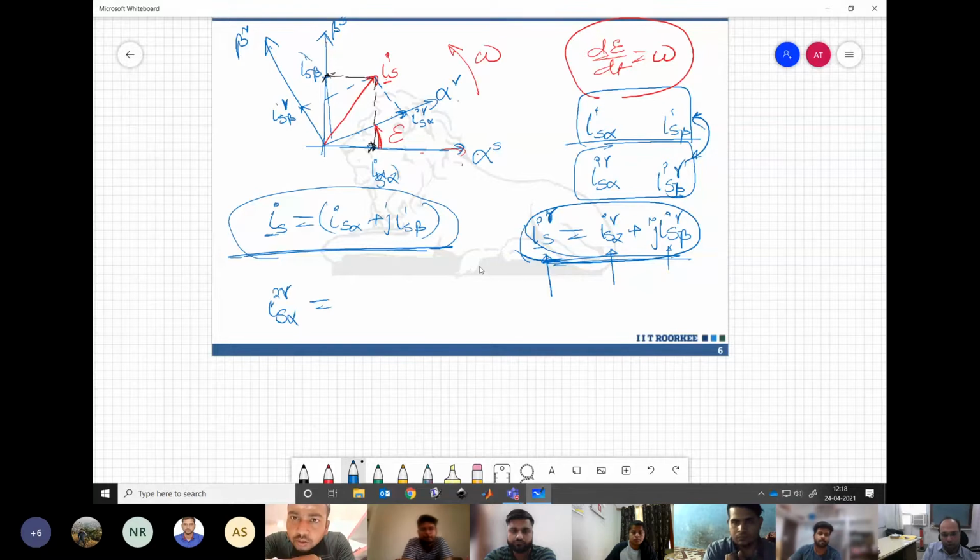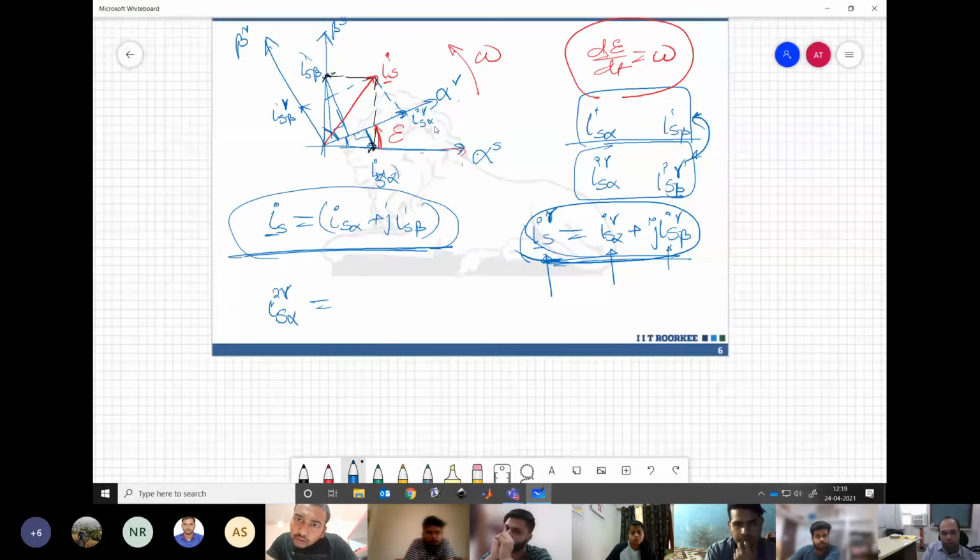This is nothing but the projection of this component on this axis. So this projection plus this orthogonal projection. Whatever angle this is making with this particular axis, when we are defining this Is alpha R, defines what the value will be.